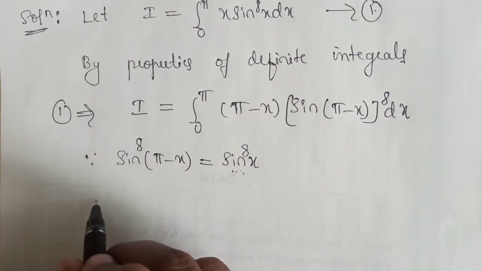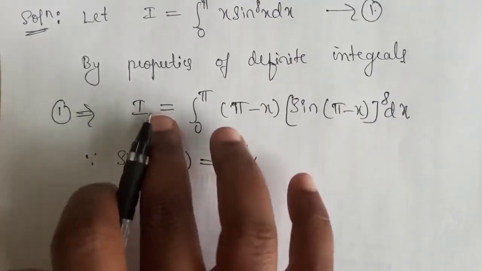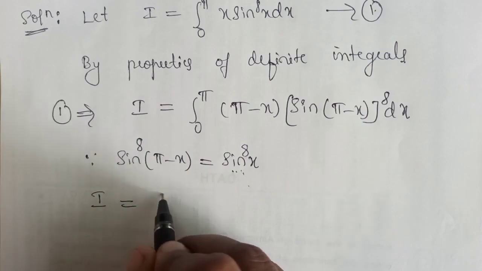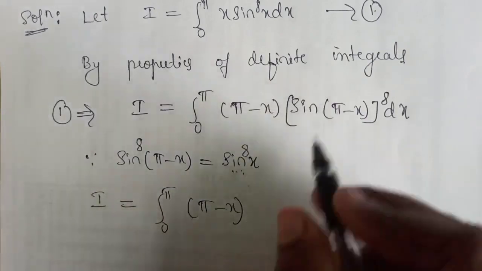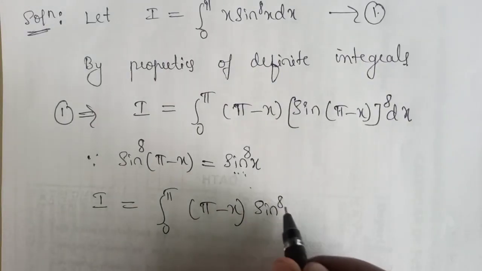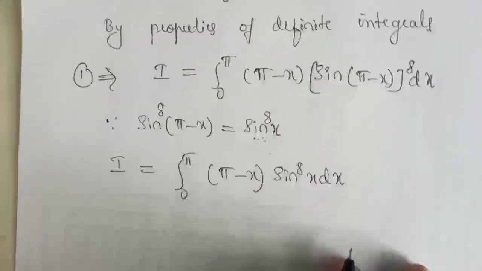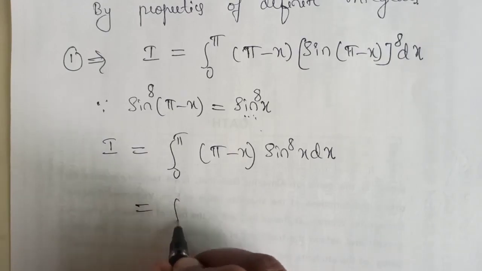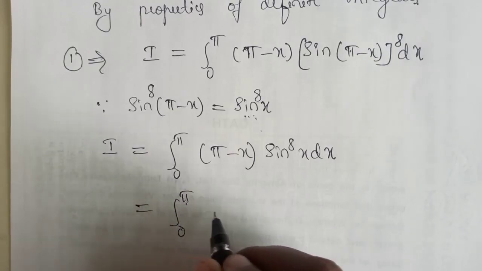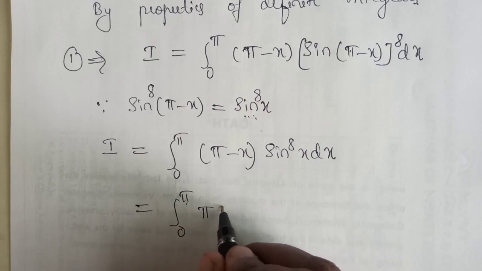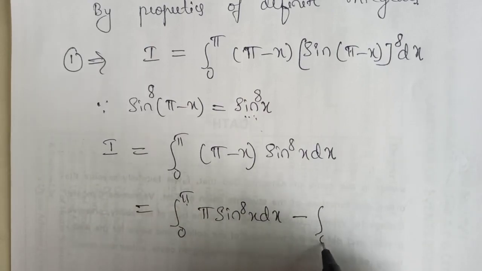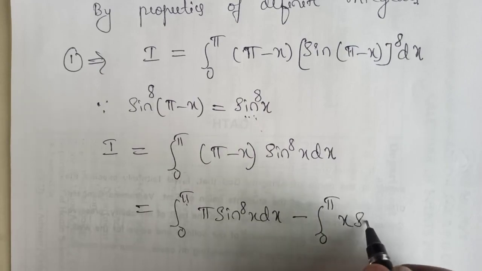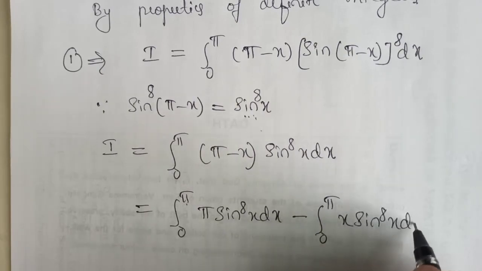So therefore this equation can be written as I equals to integration 0 to pi (pi minus x) sine power 8x dx, or integration 0 to pi pi into sine power 8x dx minus integration 0 to pi x into sine power 8x dx.